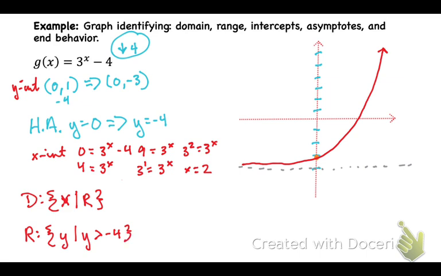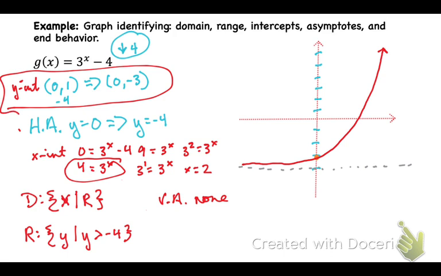We have our horizontal asymptote at y = -4. Does it have a vertical one? None. We tried to find the x-intercept and broke it down to here. The y-intercept is 0, -3. And all we need is end behavior. It's up, it's increasing.